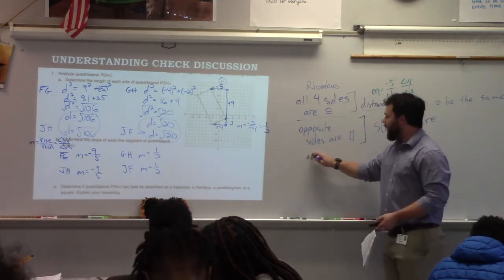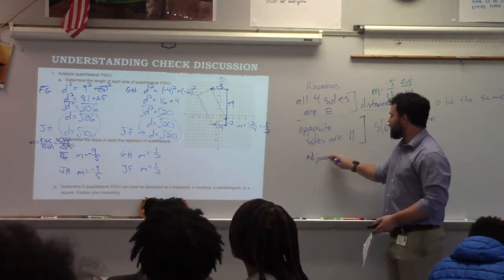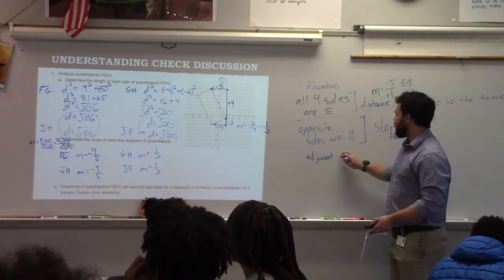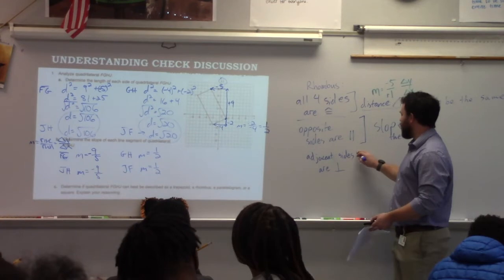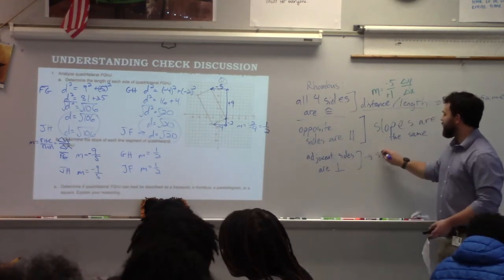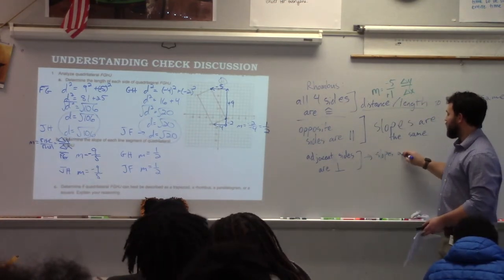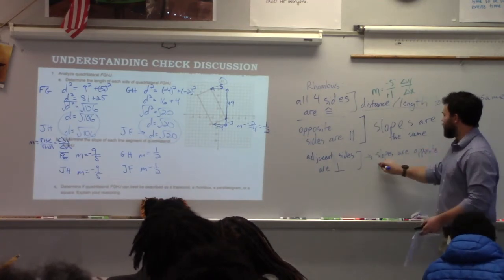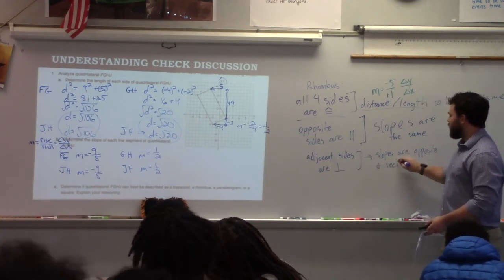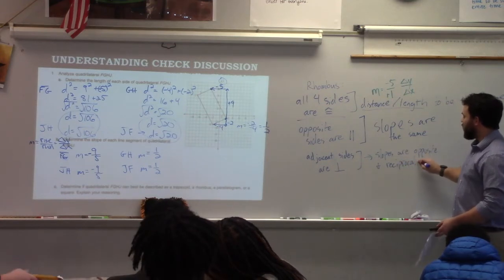But if the adjacent sides are perpendicular, then what are the slopes? They're opposites and reciprocals. Hold on one second. Look at those slopes.